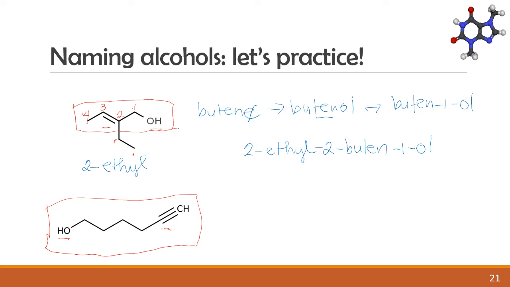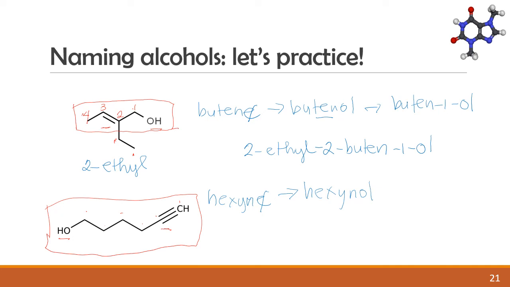This alcohol has 1, 2, 3, 4, 5, 6 carbons. A 6-carbon alkyne is called hexyne. To name its alcohol, we simply remove the E and replace it with ol, which gives us hexynol.